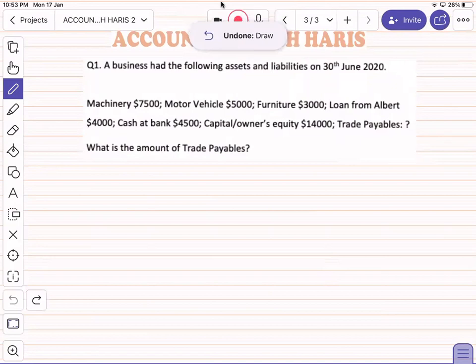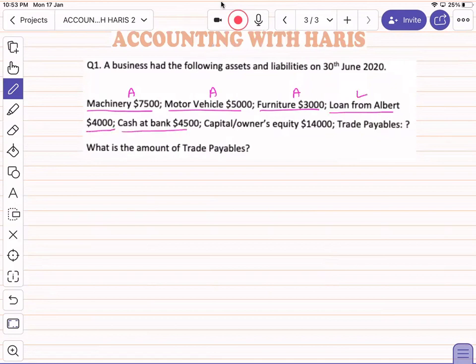Machinery is your asset, motor vehicle is also your asset, furniture is also your asset, loan from Albert is your liability, cash at bank is your asset, capital or owner's equity is your capital amount, and we have to figure out trade payables, which is also our liability.